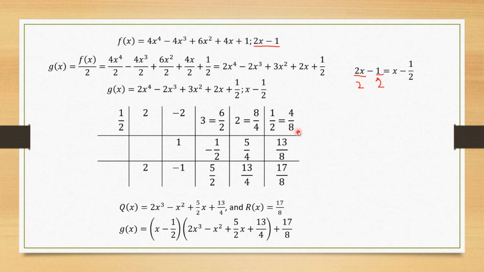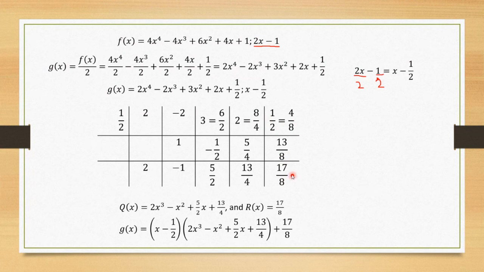We want a common denominator of 8, so a half I can rewrite as 4 over 8. So we add. You get 4 plus 13, 17 over 8. Remember, when you add or subtract, you don't change the denominator.